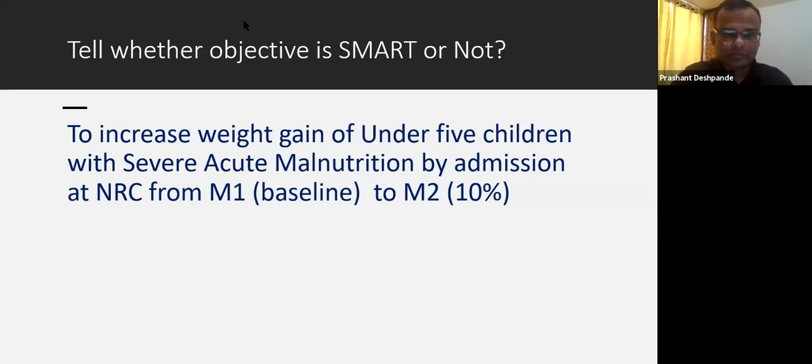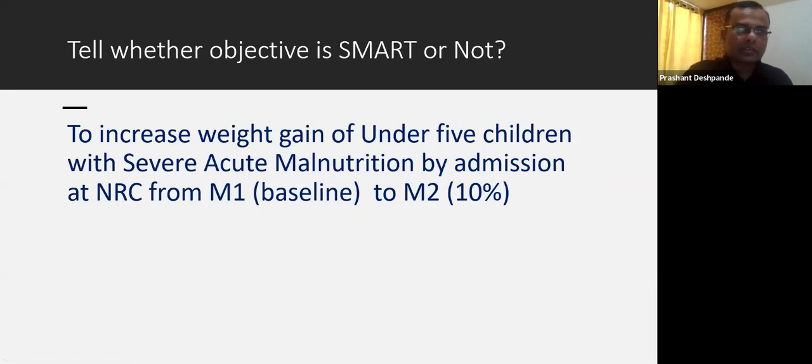Divyaji is saying yes, Arif is also saying yes, because the population is defined, under 5 children. What has to be done is to increase the weight gain. The timeline is also defined. It is measurable also. So we can say this is one of the SMART objectives. So let us go ahead.